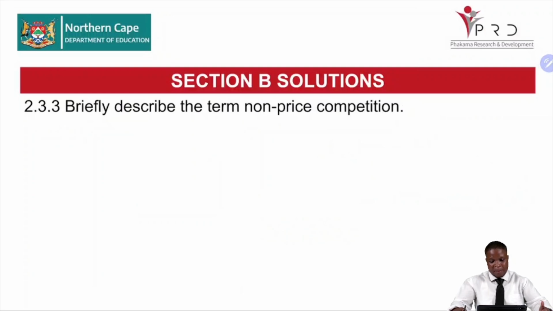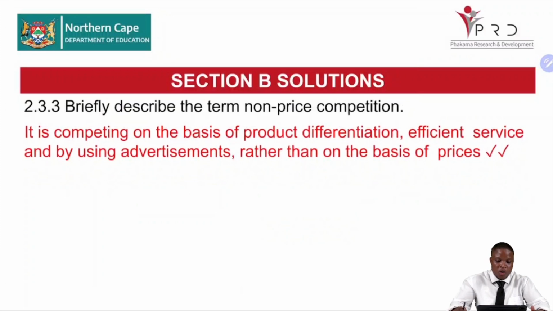Right, briefly describe the term non-price competition. It is competing on the basis of product differentiation, efficient services, and by using advertisement rather than on the basis of price. So it means that the businesses are not using prices to compete. Why are we avoiding price competition? If you mentioned price war, yes, we want to avoid a price war because it's not beneficial to any business.